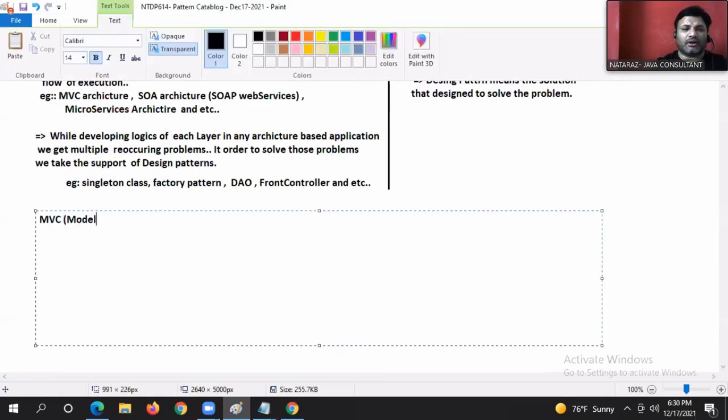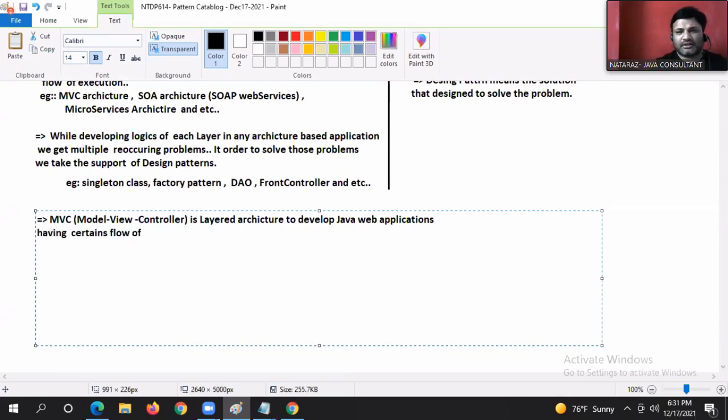MVC, model view controller, is a layered architecture to develop Java web applications. A Java web application has a certain flow of execution.